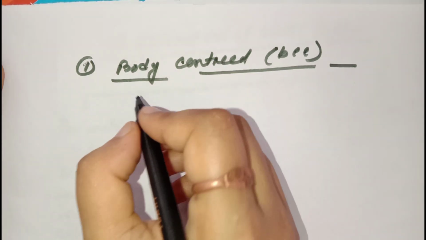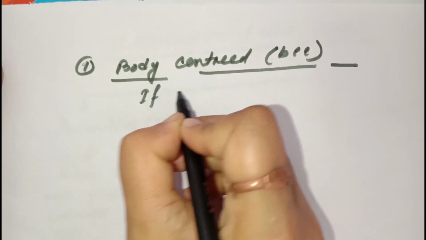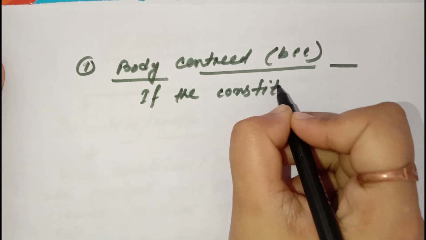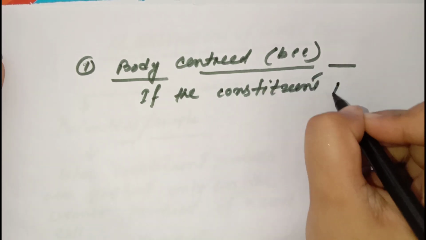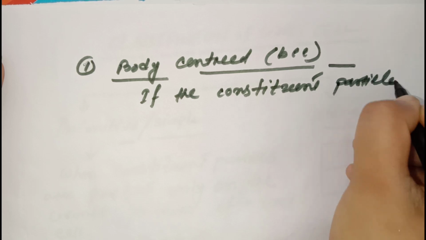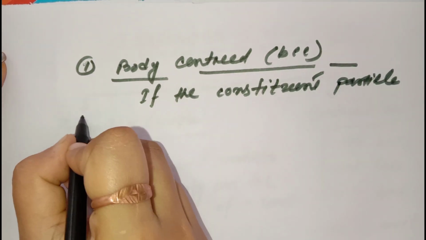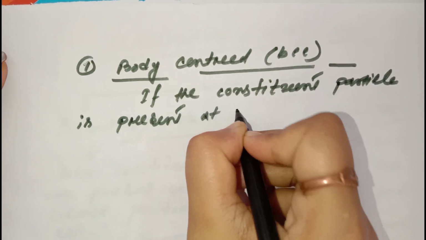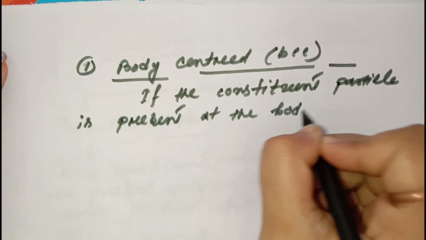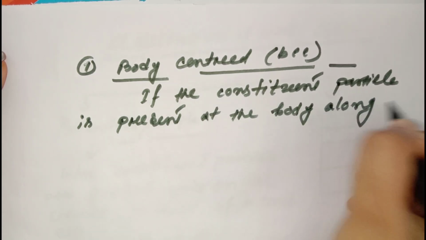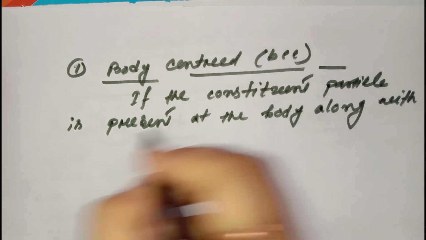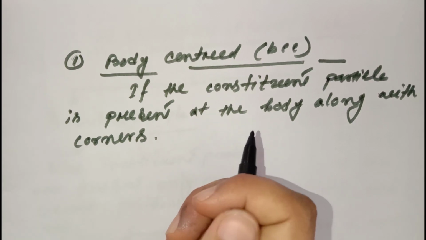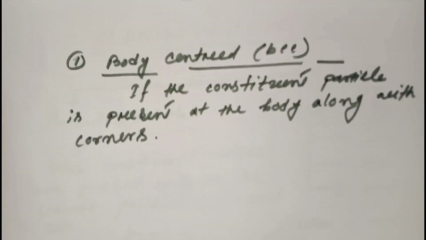See, the definition is, if the constituent particle is present at the body along with corners, then this type of unit cell is known as body centered unit cell.